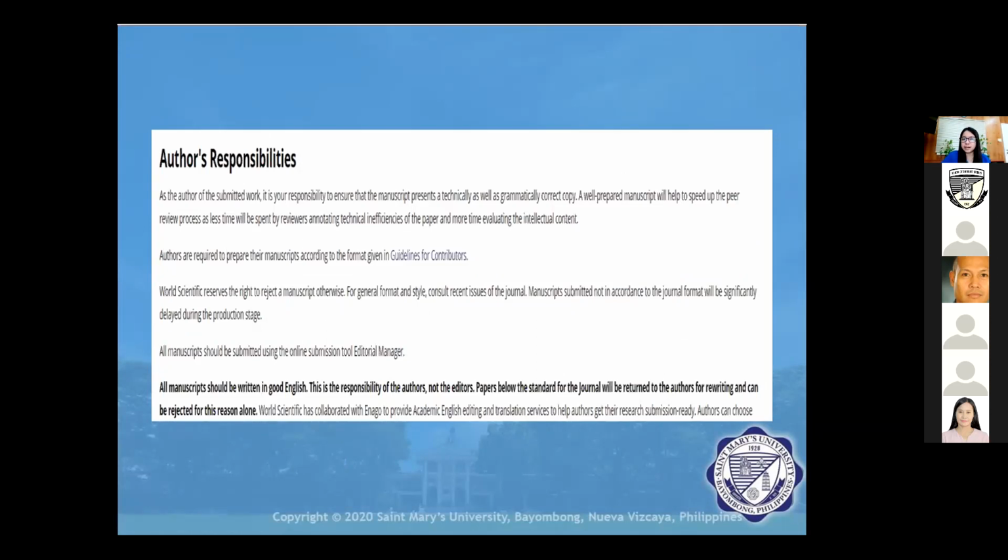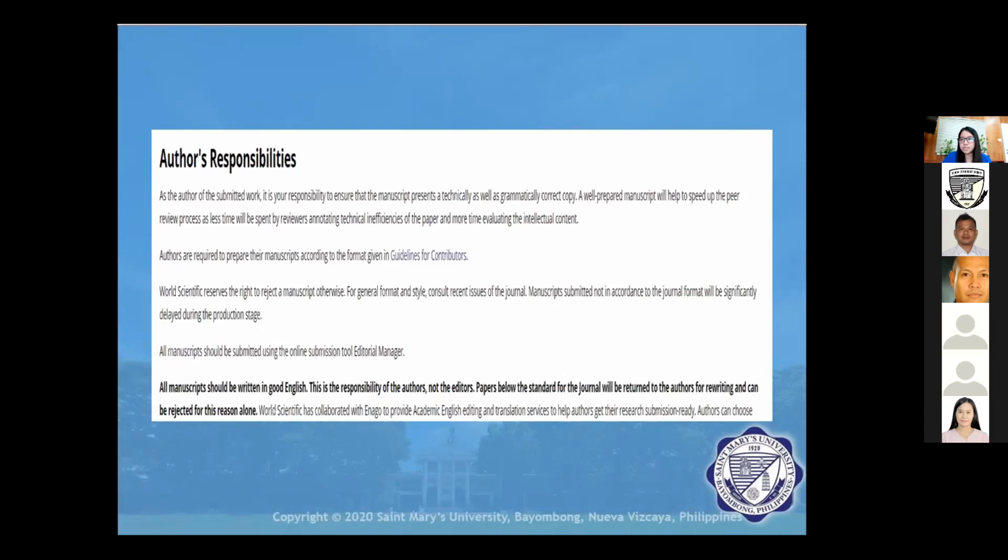one might explain, and this is how it is stated: all manuscripts should be written in good English. This is the responsibility of the authors, not the editors. Papers below the standard for the journal will be returned to the authors for rewriting and can be rejected for this reason alone.